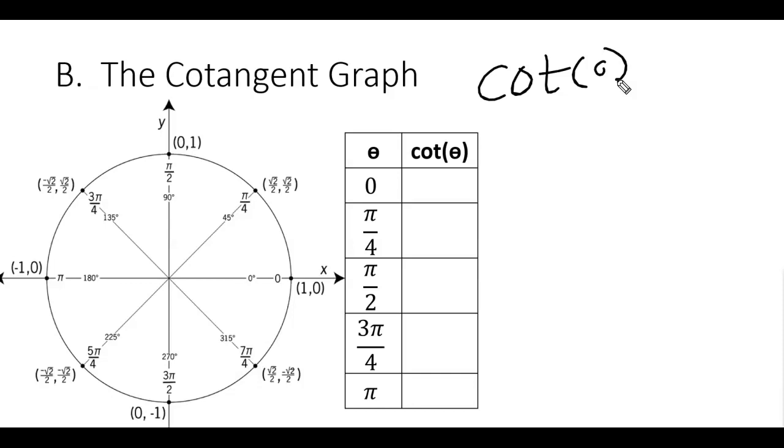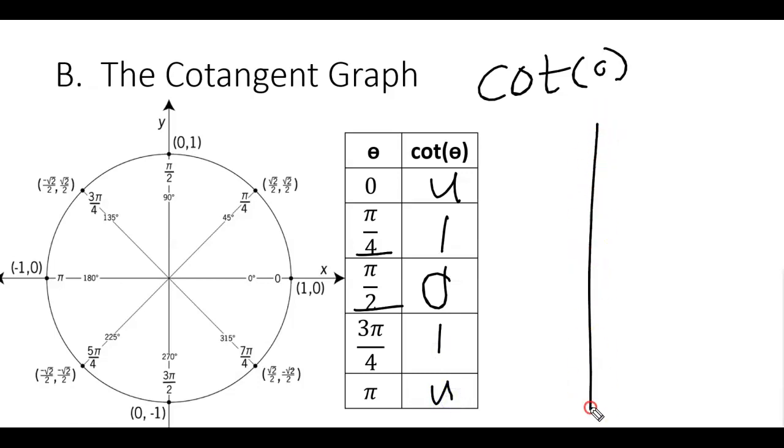The tangent of 0 is 0, but there is no reciprocal of 0, so cotangent of 0 is undefined. Tangent of pi over 4 is 1, and the reciprocal of that will be 1. Tangent of pi over 2 is undefined, and the reciprocal of that comes out to be 0, and so on. It's actually going to look very much the same with a slight difference. The shape will be identical.